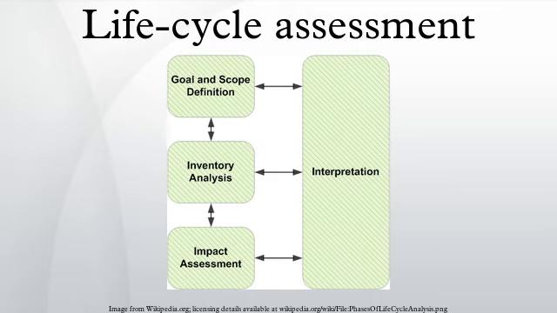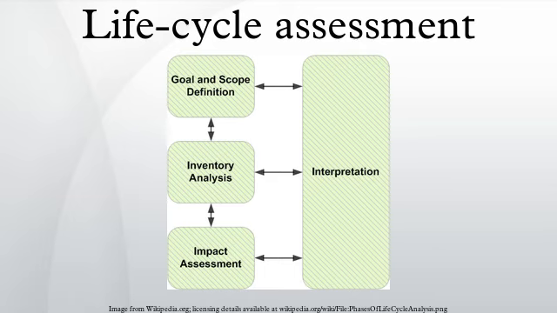Life cycle impact assessment. Inventory analysis is followed by impact assessment. This phase of LCA is aimed at evaluating the significance of potential environmental impacts based on the LCI flow results. Classical life cycle impact assessment consists of the following mandatory elements: selection of impact categories, category indicators, and characterization models.